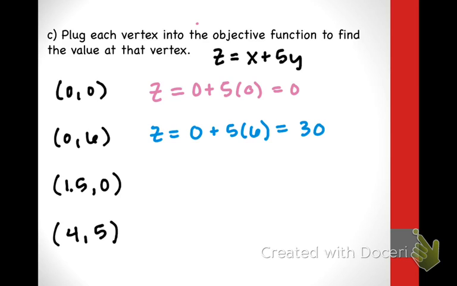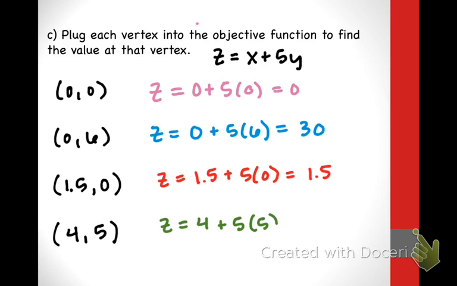My third equation, now I have a 0 for my y value. I do have an x value, that's 1.5 plus 5 times 0, or just 1.5. And then my last one down here, I have an x and a y value, so z is going to equal 4 plus 5 times 5, which is 4 plus 25, or 29.